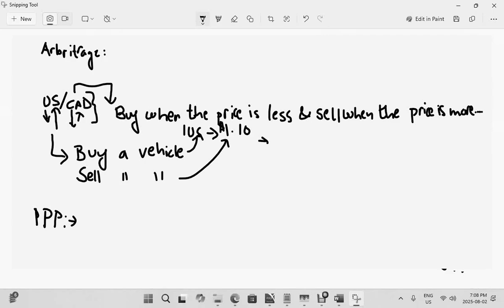So let's say the price is 20K in US dollars. This will be 22,000 Canadian dollars.